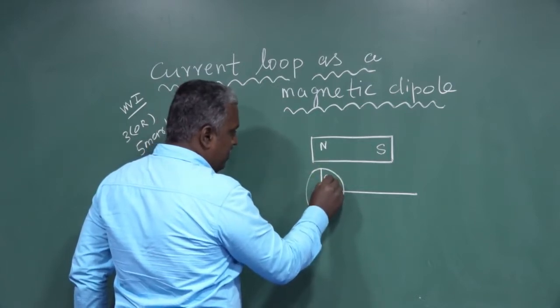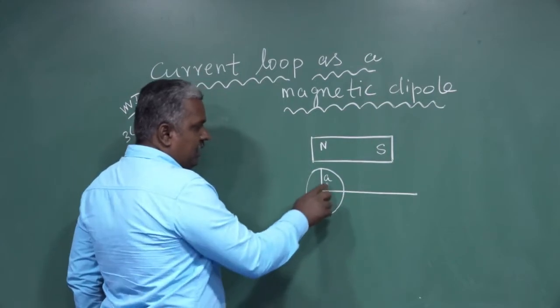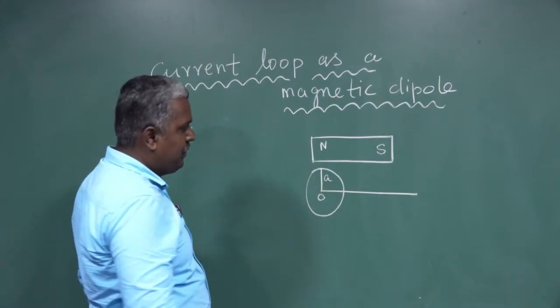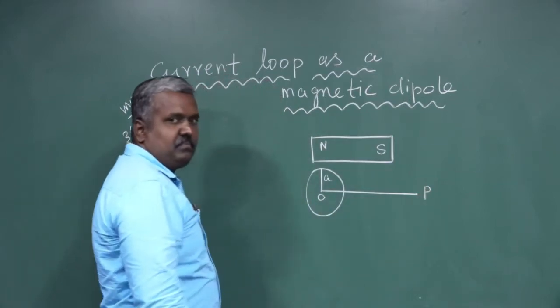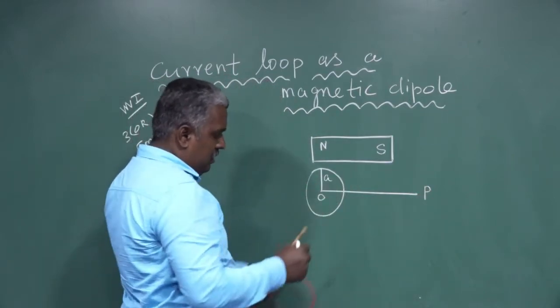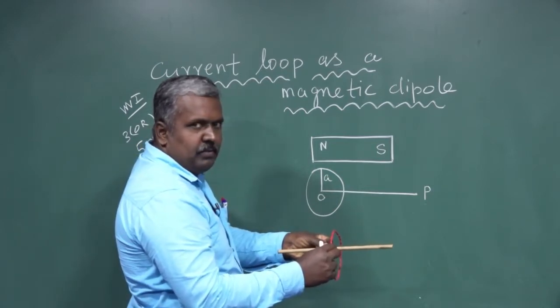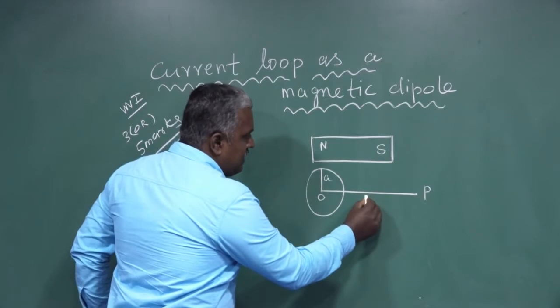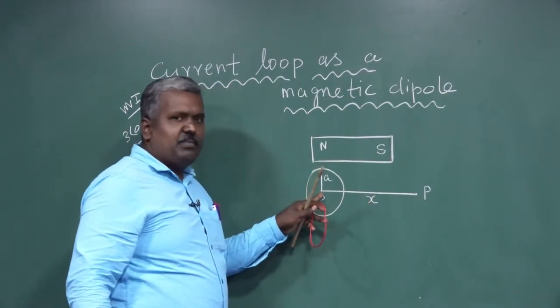Let us consider small a, the radius of the current loop. This is one point P, along the axis of the current loop, at a distance x from the center of the current loop.